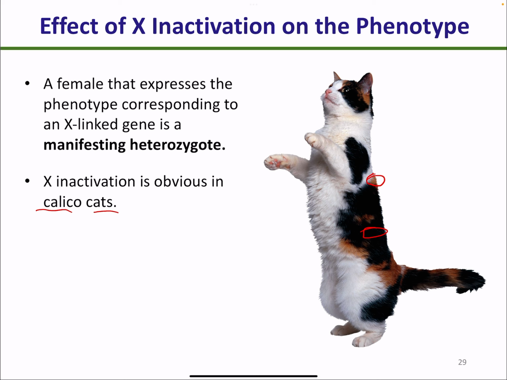So a female is going to express this orange fur when the orange pigment allele is the one that is active, while the black fur is going to be expressed when the allele that expresses melanin is the one that is expressed.